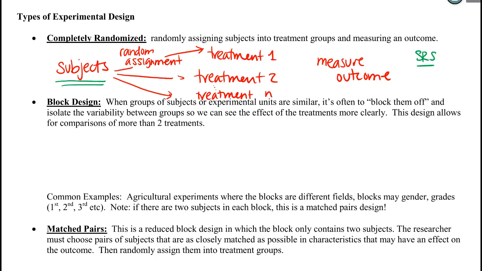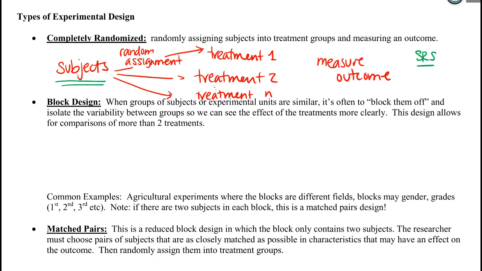So everybody here is someone we're going to get information on. Whereas in an SRS, we're selecting a group that we're going to get information on from our entire population. Versus here, we're doing assignment. So assignment versus selection is the big difference between our sampling methods and our experimental design methods, though they might have some parallels like this.